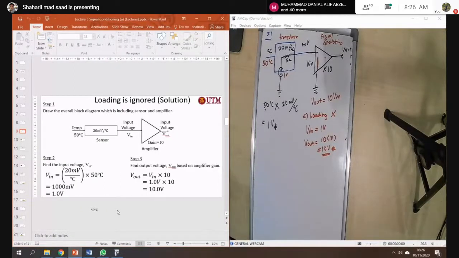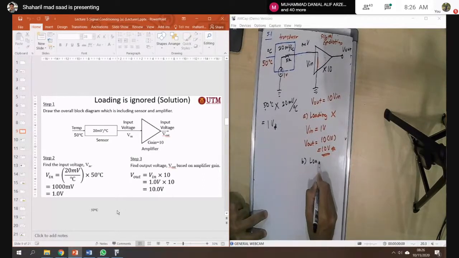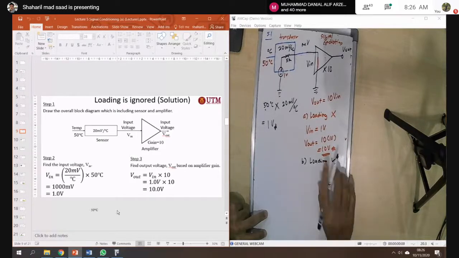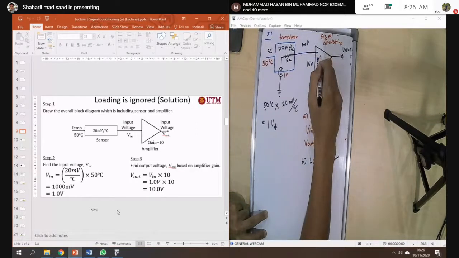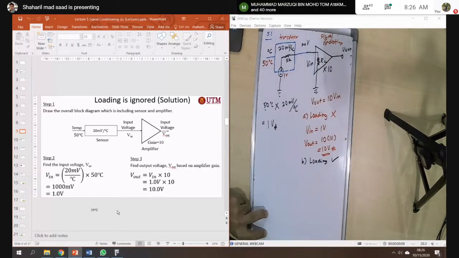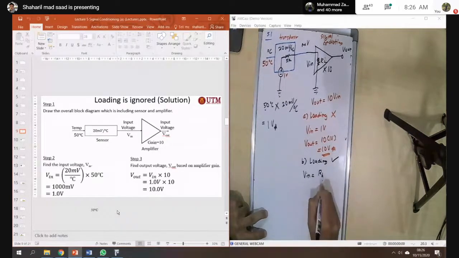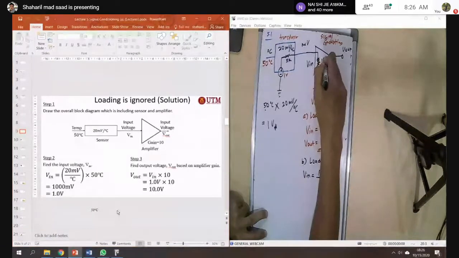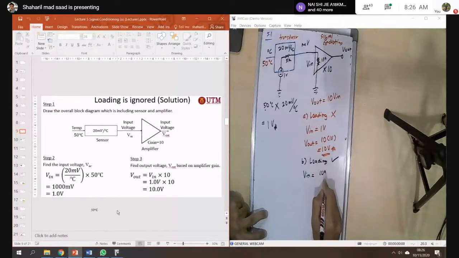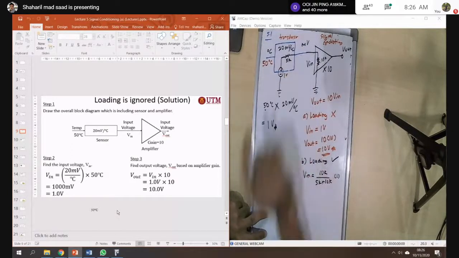Okay, and when you include the loading, that means you will have some resistor here, resistor loading RL. So now we can get V in as RL divided by RL plus the source resistance. RL now is 10K. So 10K divided by, as a potential divider, 5K plus 10K, times 1 volt here.